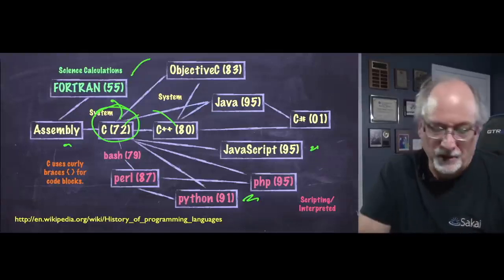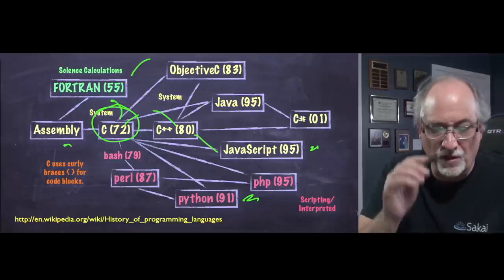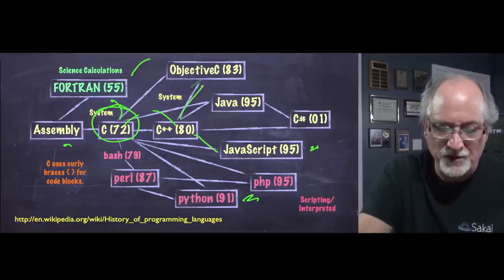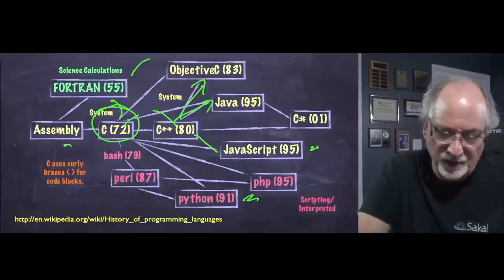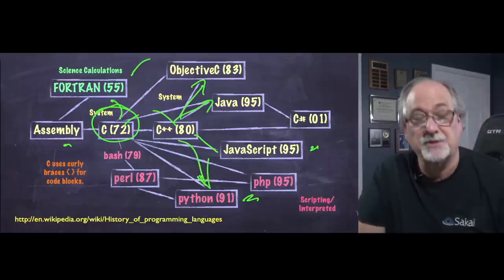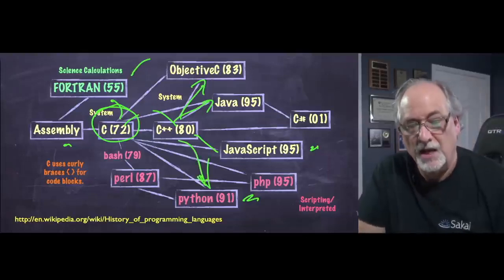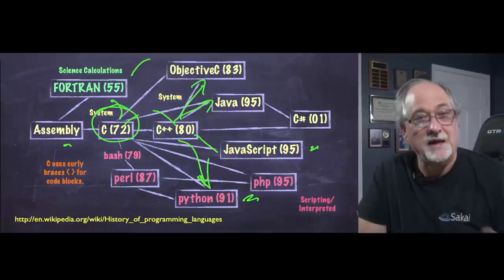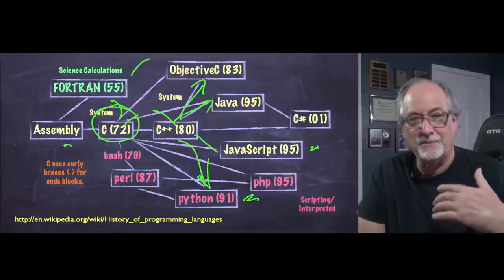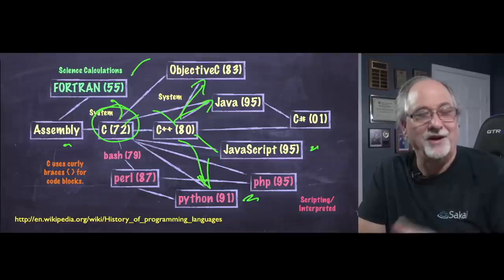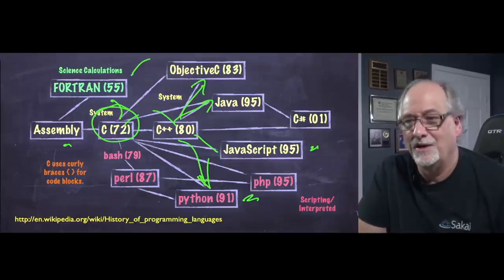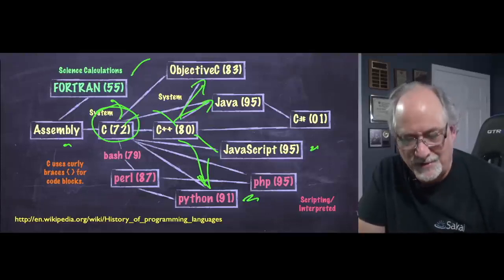And so C++ influenced a whole lot of systems, and C++ influenced Python as well. C++ has added an object-oriented layer. It's actually probably the least object-oriented of any of these other languages on here, but it had object-oriented concepts.